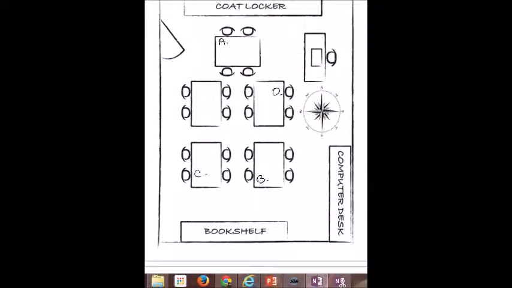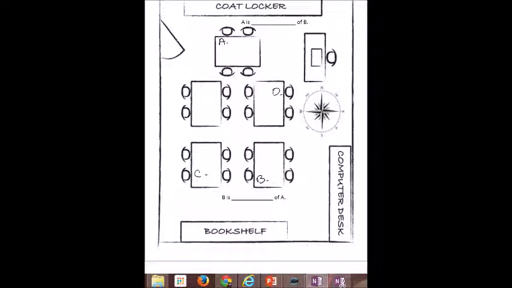So, for the purposes of learning the compass rose, let's use this mythical classroom with the compass rose located here. When we look at these points A, B, C, and D, we realize that we can use the compass to find their orientation from each other. When we try to find the direction between 2 points, we really need to create a sentence. This sentence could read something like A is blank of B, or B is blank of A. Of really means from.